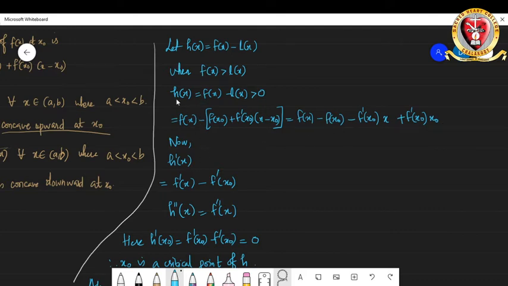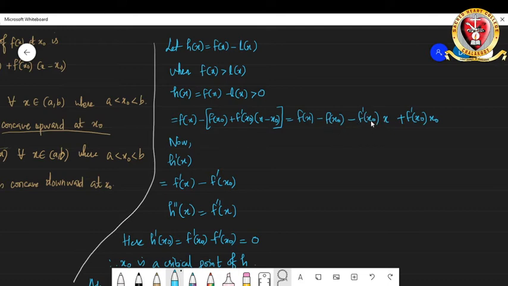Now take the derivative, h dash of x. You can take the derivative of this expression with respect to x. When you take the derivative of f of x, you get f dash of x. When you take the derivative of f of x naught, it is a constant, so that will be 0.